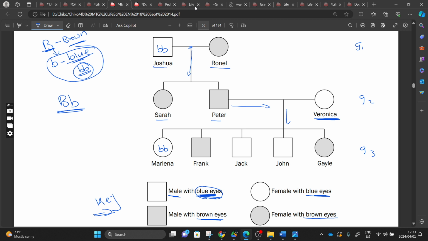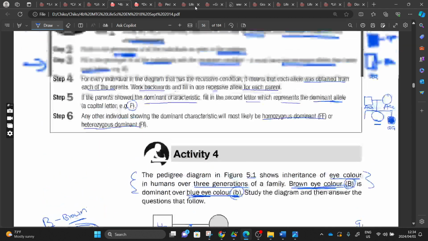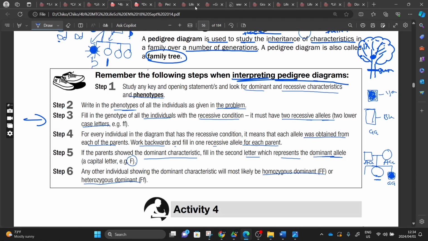No, right? This one should have brown eyes, and this person will also have brown eyes. But this person is going to have blue eyes. So all of them will be like this, unshaded, unshaded, unshaded, unshaded. That's what they said here.